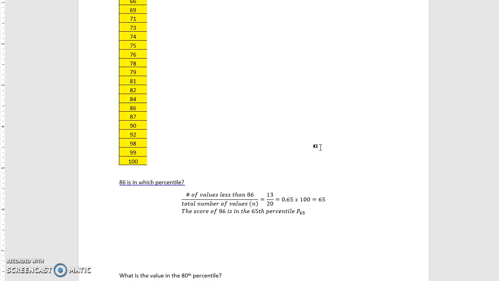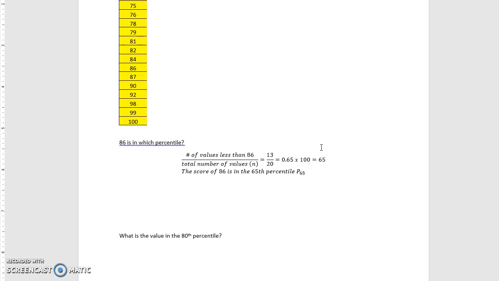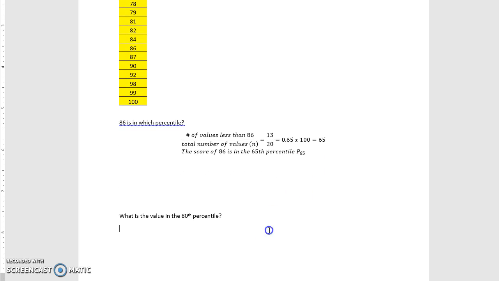Okay. The next one says, what value is in the 80th percentile? How we do this one here is it's a slightly different formula. It's kind of the same thing, just instead of multiplying by 100, we're going to be working backwards. So it is going to be 80, because we're looking for the 80th percentile, divided by 100, and then we are going to multiply that by n plus 1.